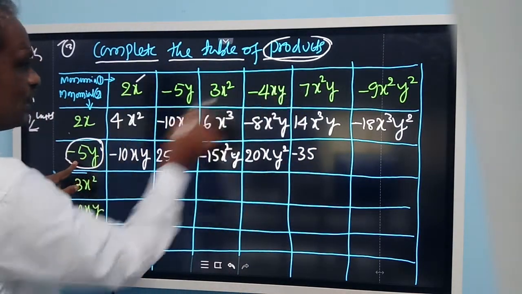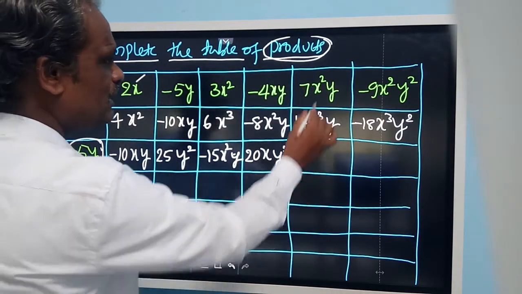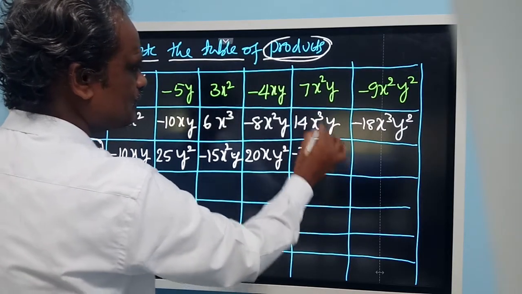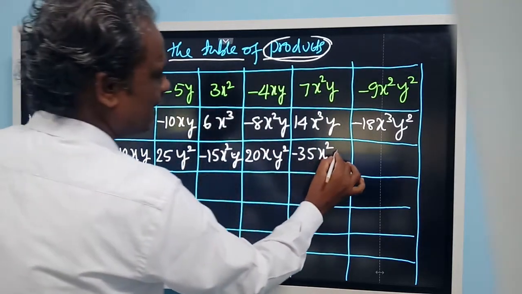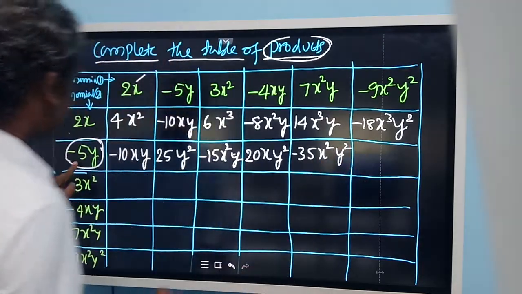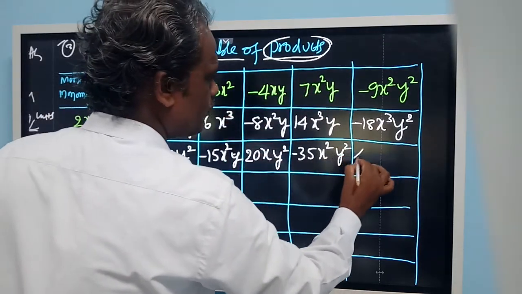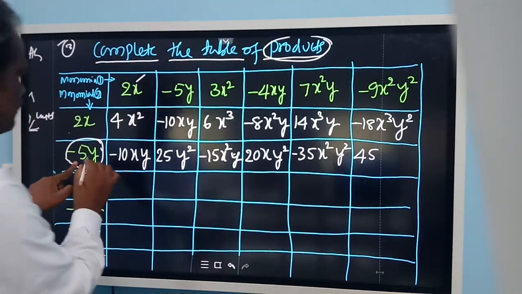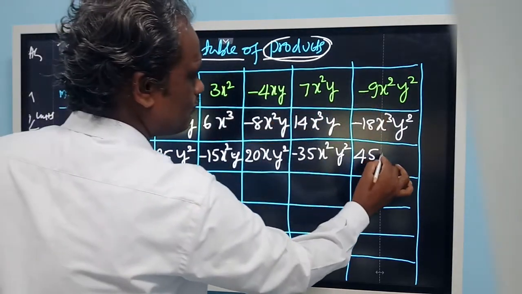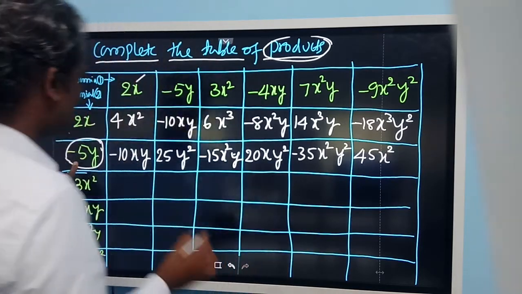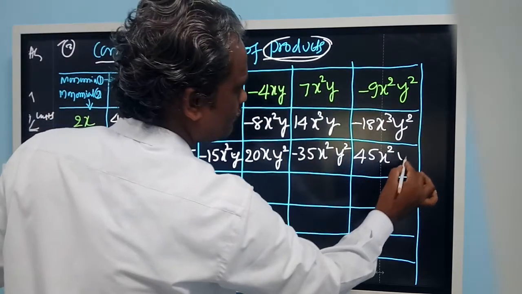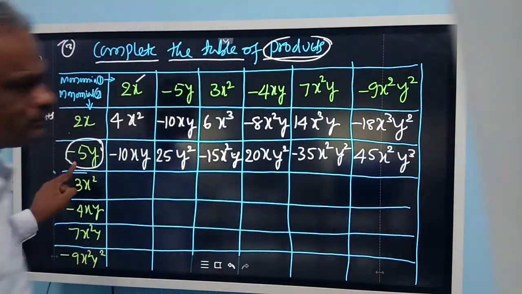So x square we don't have in this monomial. You write this x square as it is. y into y square. Then minus into minus, plus, 5 nines are 45. See, x square only 1, you write x square as it is. y into y square, it is y to the power 3.